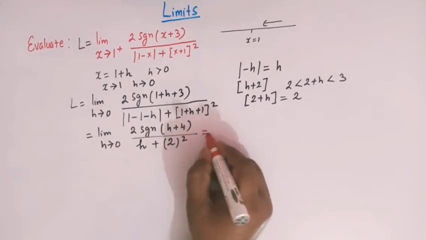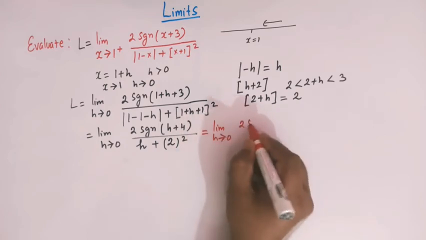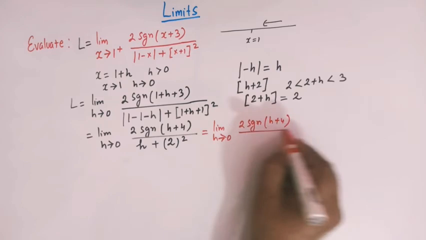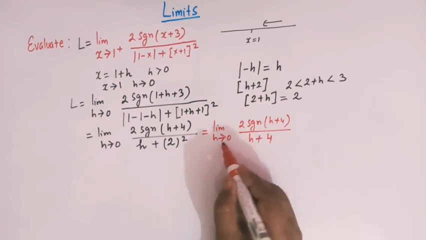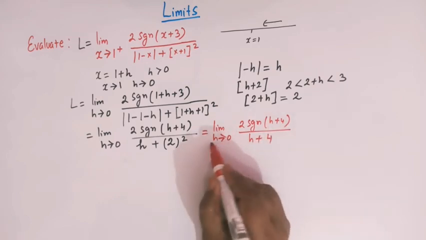So now we can further write it as limit h tends to 0. This is 2 times signum of h plus 4, and here we have h plus 4, right? Now we'll take h equal to 0 because h is tending to 0.